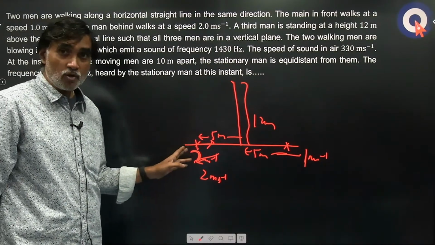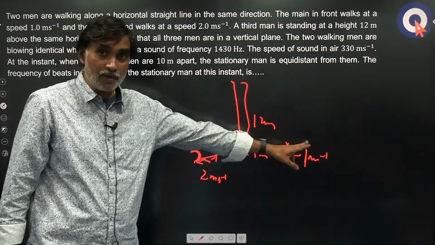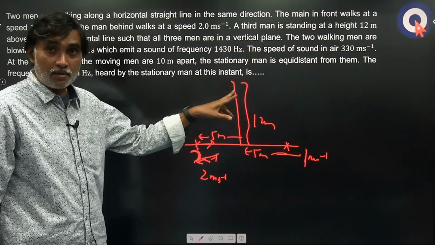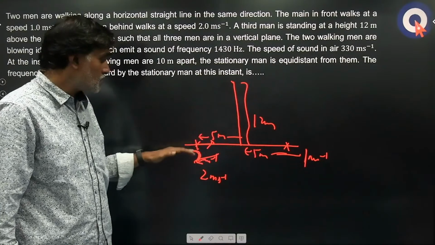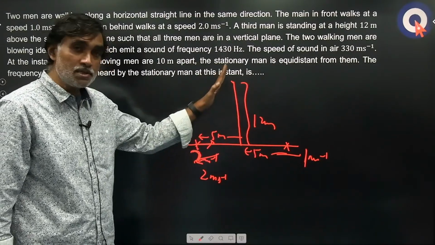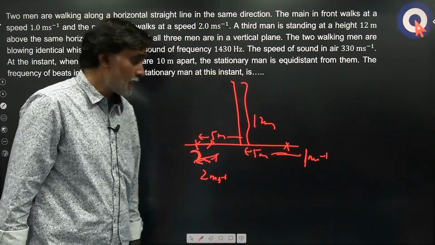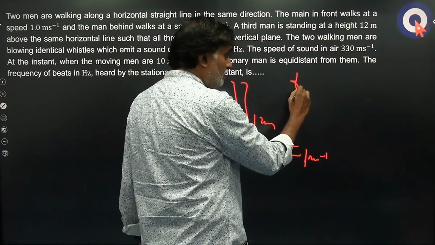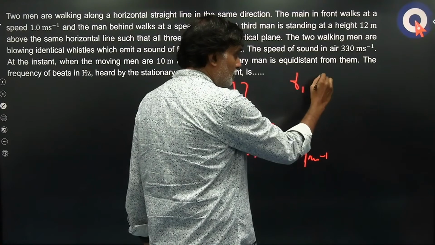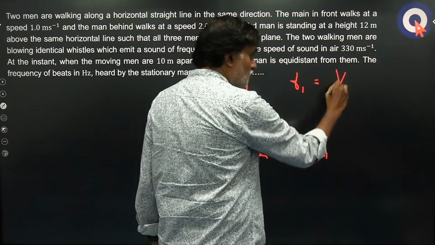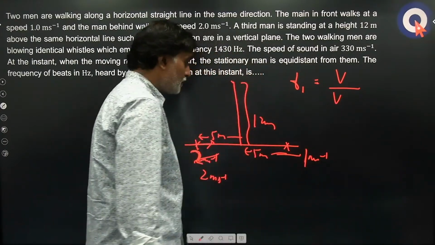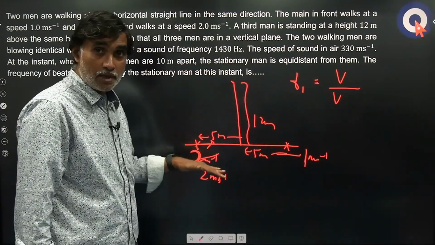Now one source is sounding a frequency f, and the other is also sounding a frequency f. This is a stationary observer and these are the two sources. One source has a velocity component towards the observer, the other away. Then what is the apparent frequency? The apparent frequency is given by v by the denominator.